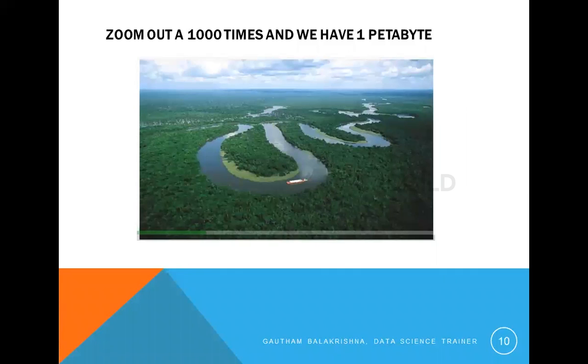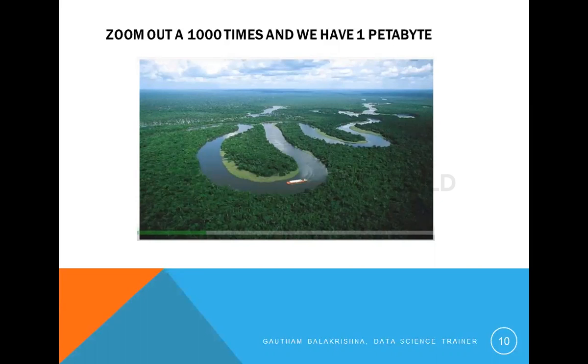Now, zooming further, if we zoom another 1,000 times, what you would get is a petabyte. You might be thinking, what is this image of a forest that you see on your screen? What has that to do with a petabyte? This image is actually of the Amazon rainforest. You would have seen movies or documentaries on Nat Geo about the Amazon rainforest.